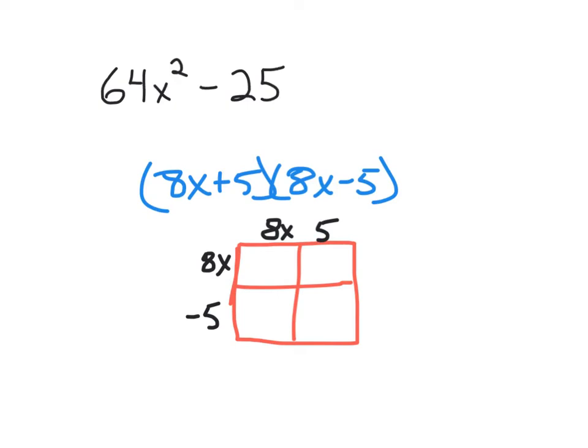So 8x times 8x is 64x squared. And then 8x times 5 is going to be 40x. And then again, we go to this negative 5. So negative 5 times 8x is negative 40x.